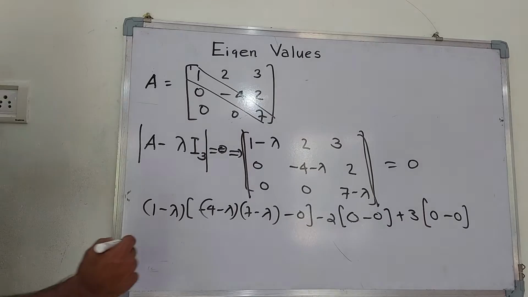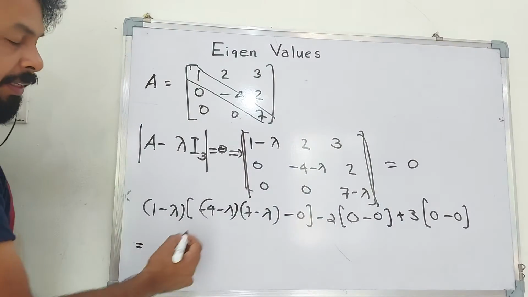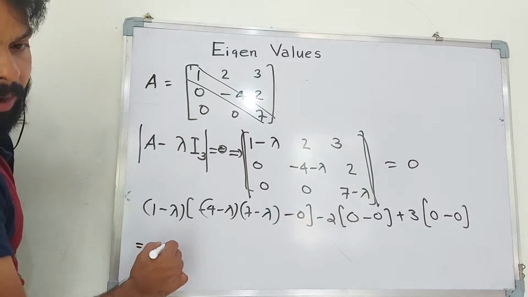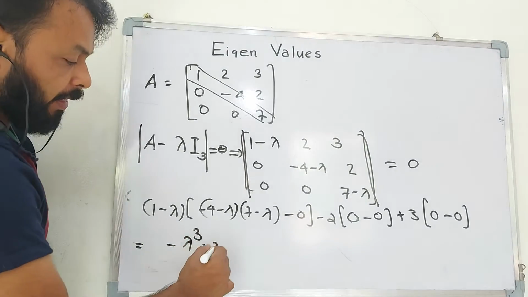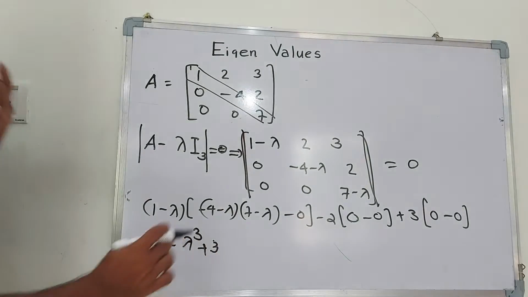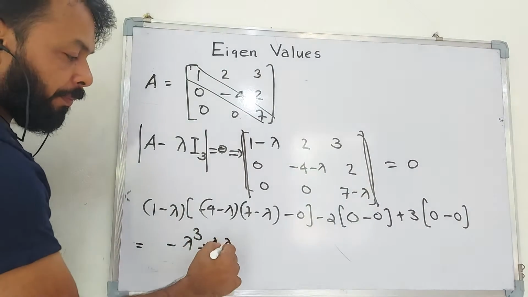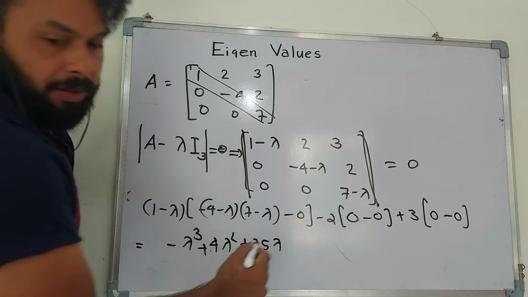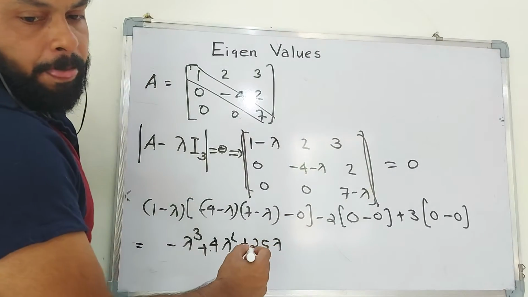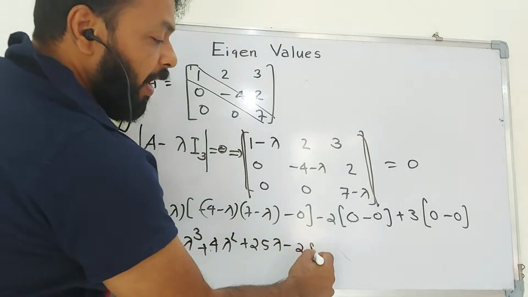Okay. This then, when we expand, what we get is minus lambda cube plus 4 lambda square plus 25 lambda minus 28 equal to 0.